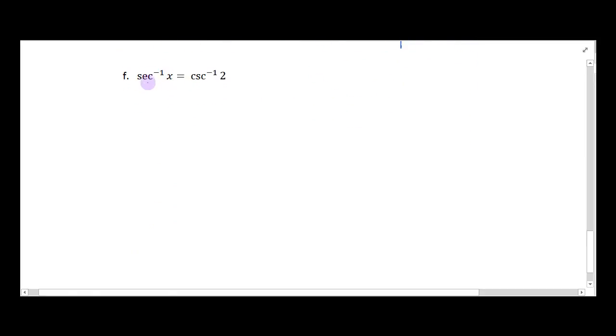This time we're taking the inverse secant of x equals the inverse cosecant of 2. Since I'm trying to solve for the variable x, I am going to take the secant of both sides and rewrite this so that it says x is equal to the secant of the inverse cosecant of 2.